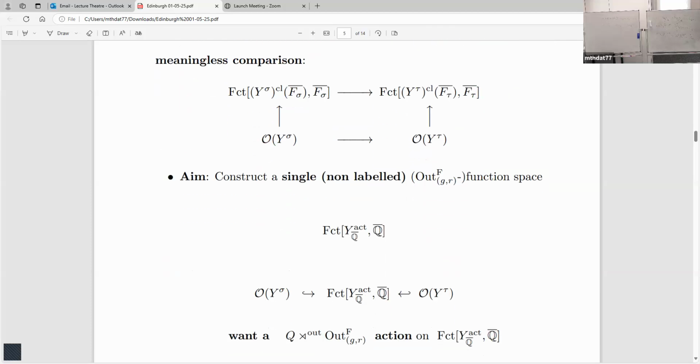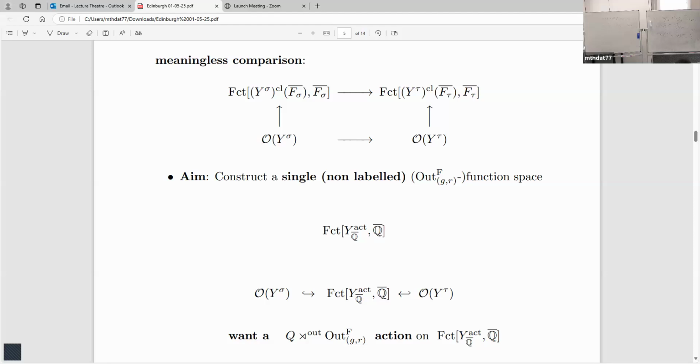One wants to construct a non-labeled function space, which somehow lives at the level of out FGR. So one wants to construct a copy of Q bar, which is non-labeled and which is an out F copy somehow.